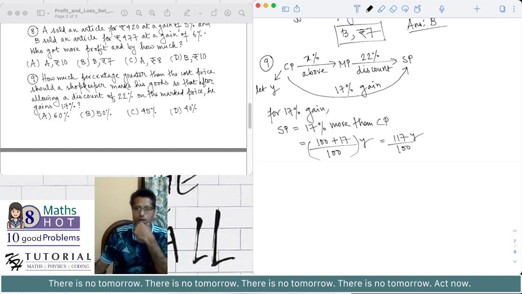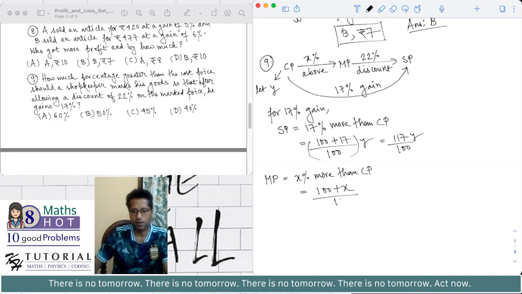Also we can say that the mark price is, as per our assumption, X% greater than the cost price. So mark price is X% more than CP, which is equal to 100 plus X divided by 100 multiplied by Y. This is mark price. Also from mark price, there is a discount of 22% that will give the final SP.